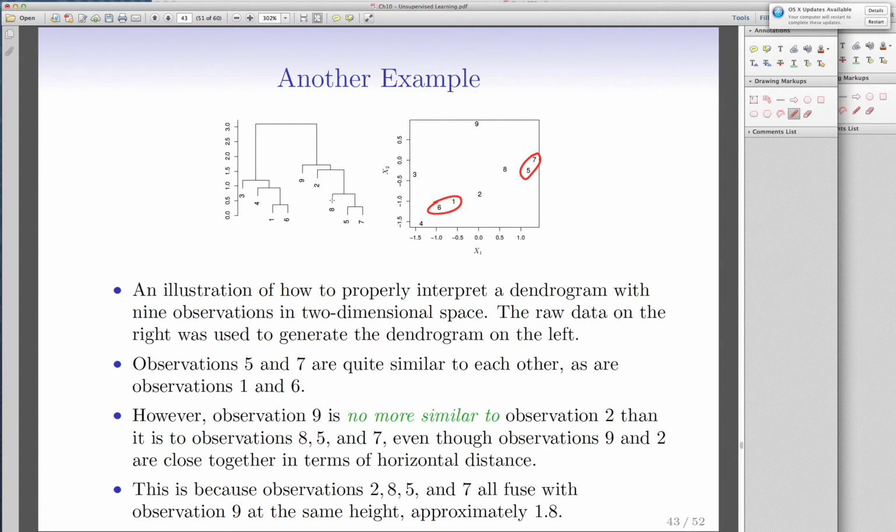After that, 8 was clustered to 5 and 7, so they became one cluster. After that, 4 was clustered to 1 and 6. After that, 2 was clustered to these 4.